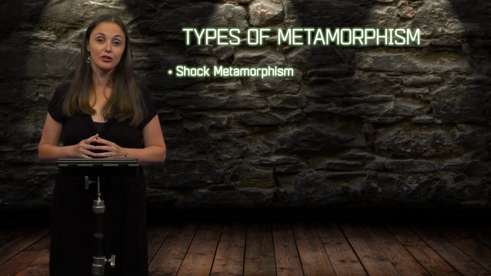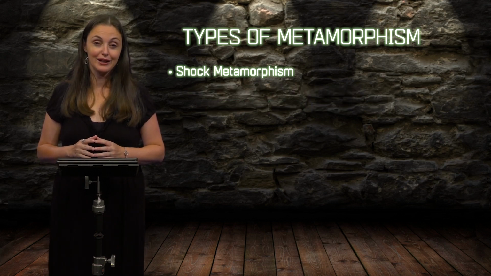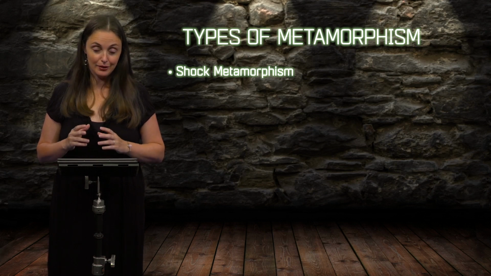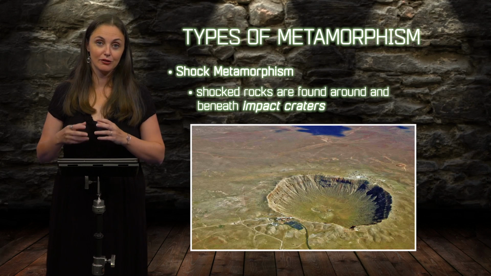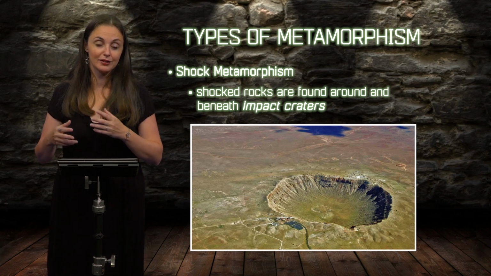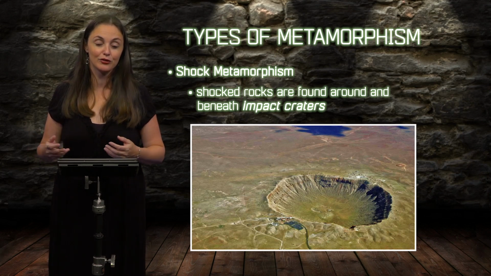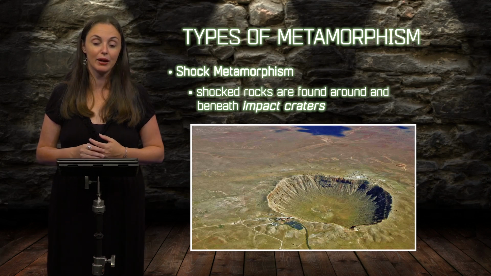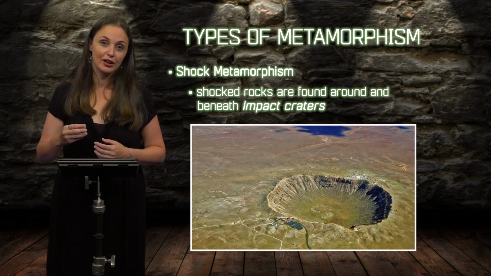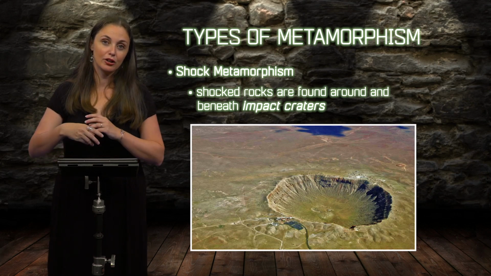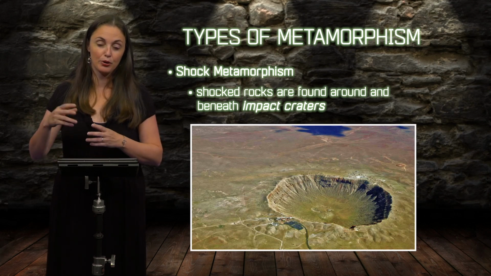So shock metamorphism is exclusively going to happen at impact sites and impact craters. So essentially, as you have some piece of debris from space, something left over from planetary formation, some big chunk of rock and metal in space, a meteorite, as it moves through the Earth's atmosphere, it might shrink up a little bit. It might slightly be broken apart.